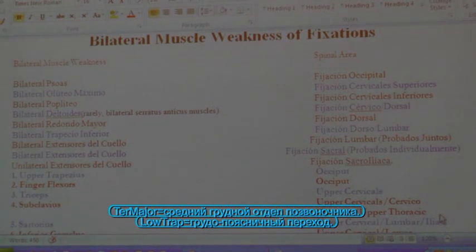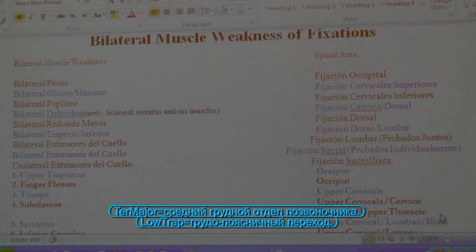Teres major is related to the middle of the dorsal spine, between T5 and T6. Bilateral, the lower trapezius is related to the dorsal lumbar junction.